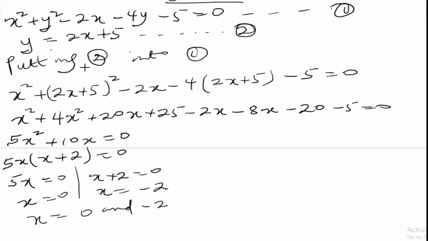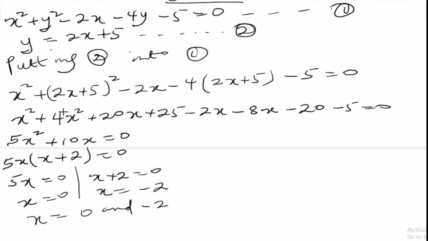I'm going to substitute equation 2 into equation 1. This simply means that wherever we see y in equation 1, we put the whole of 2x plus 5 there. We have x squared plus (2x plus 5) squared, minus 2x, minus 4 times (2x plus 5), minus 5 equals 0.